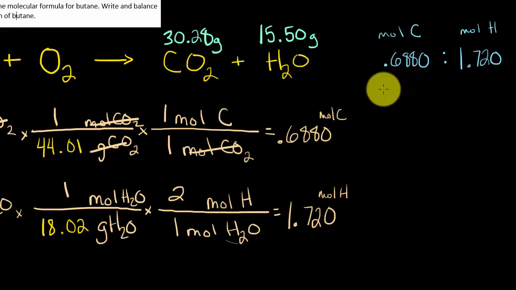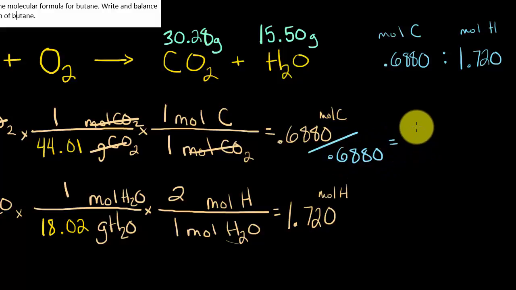And so we kind of have to use a little bit of, I wouldn't say math tricks, but we just use some simple division here to get these into whole numbers. So one sure way to make sure that we have at least one whole number is to pick the smallest one, in this case 0.6880, and divide it by itself, 0.6880.